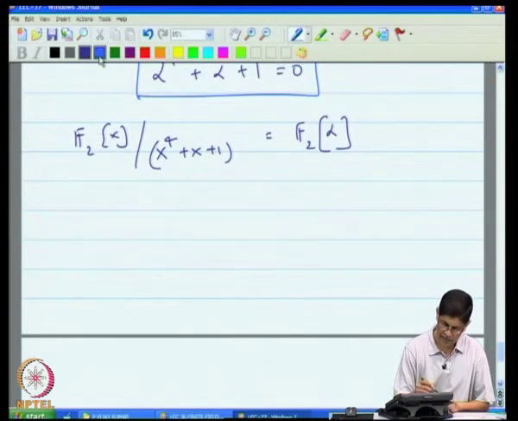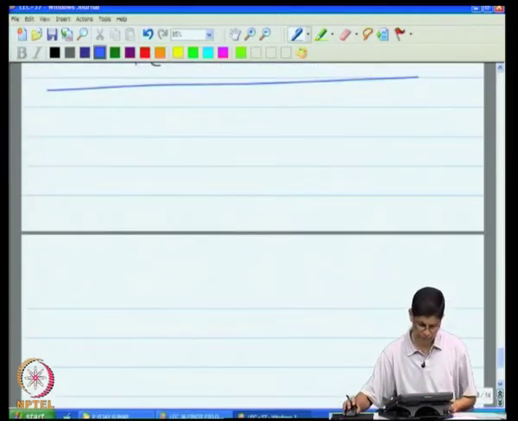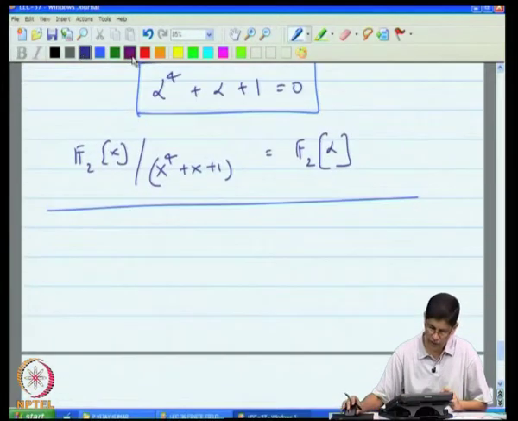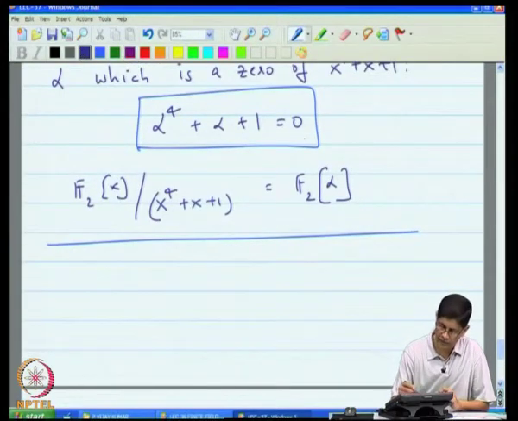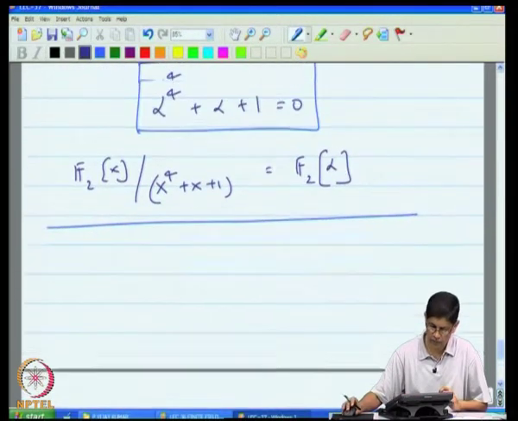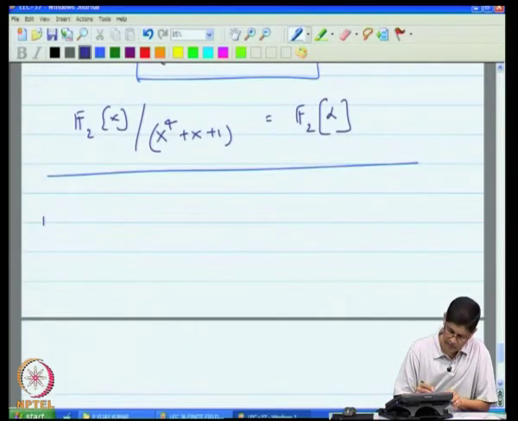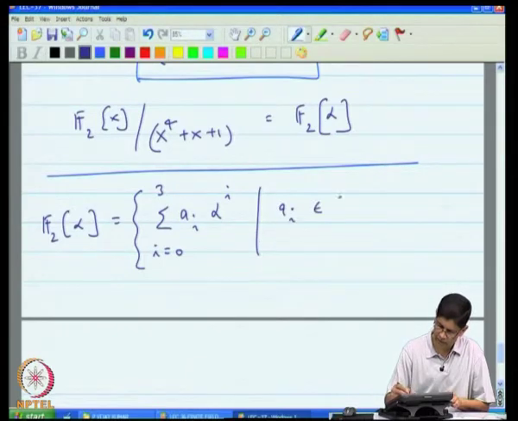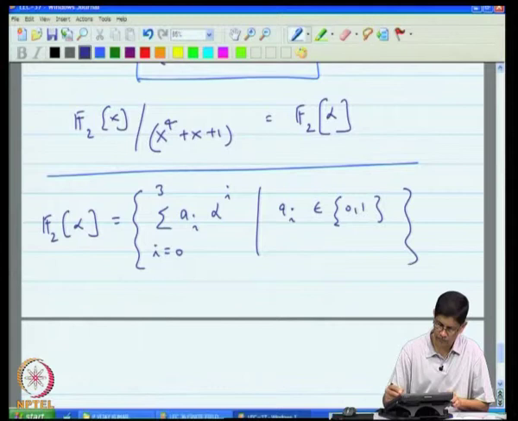Okay. So what does the finite field end up looking like? Because alpha satisfies a polynomial of degree 4, every element in the finite field can be represented as a polynomial of degree 3 or less. So this tells us that F_2 of alpha, which is our finite field, is the set of all polynomials of the form sum of a_i alpha^i, i going from 0 to 3, where a_i is either 0 or 1.